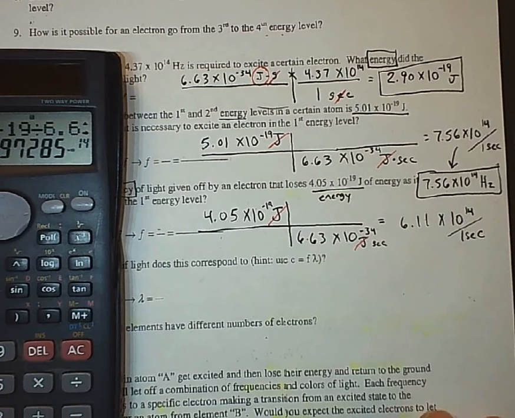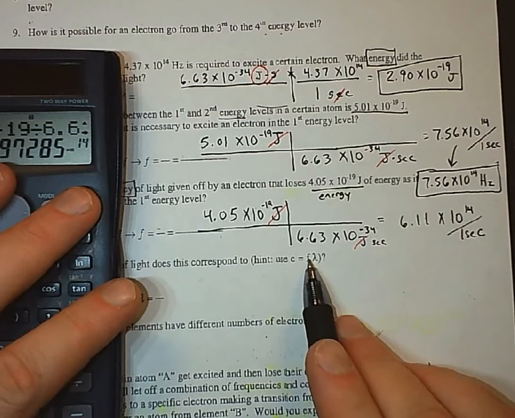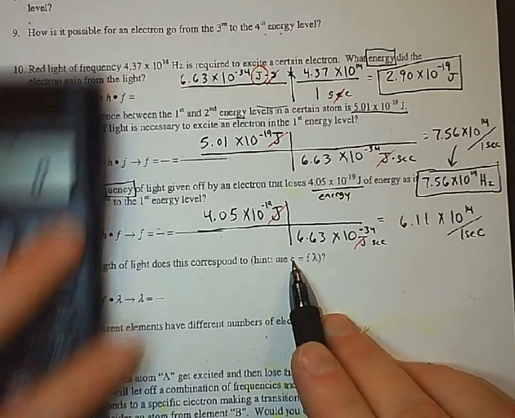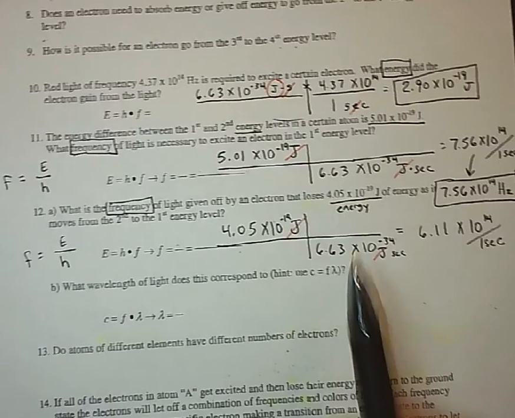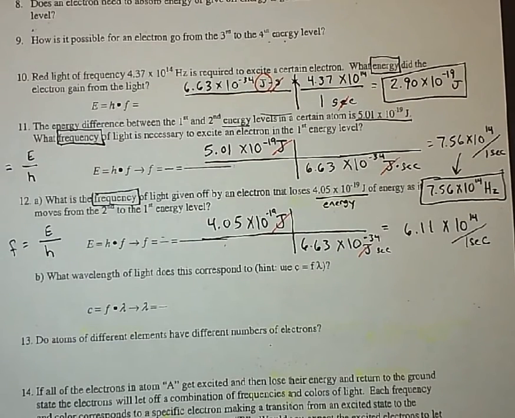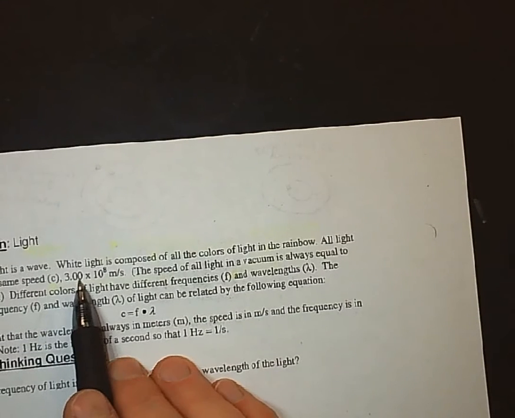So now we have our frequency. We also know c. I'm sorry, 6.63 times 10 to the negative 34th is Planck's constant. c, from the other side, if we take a look, is 3.00 times 10 to the 8th.